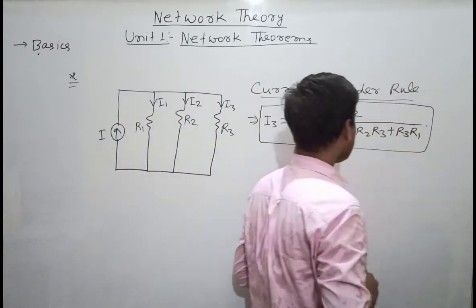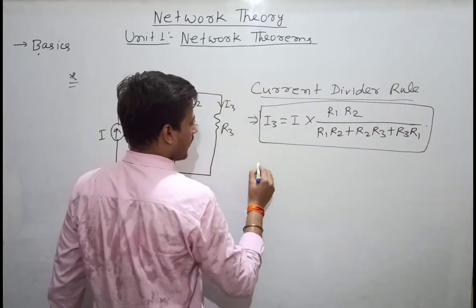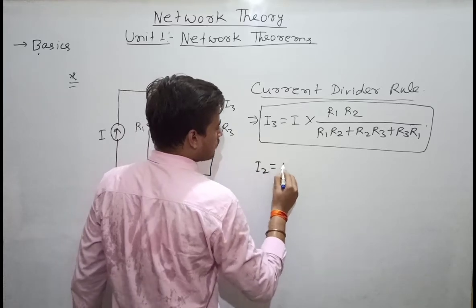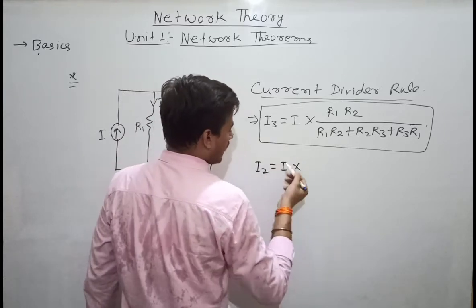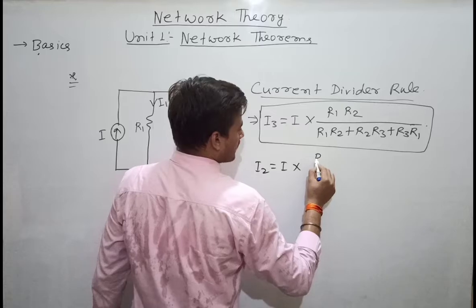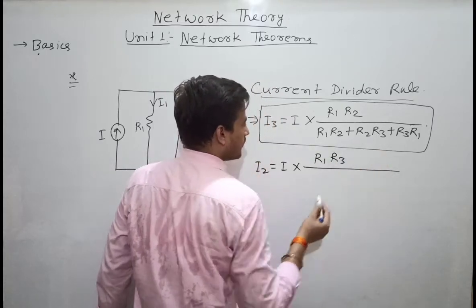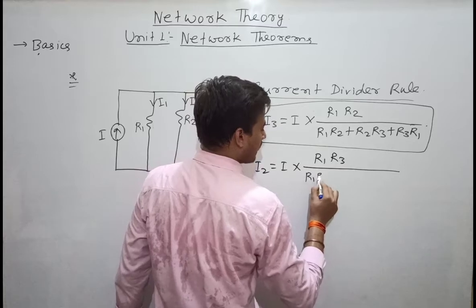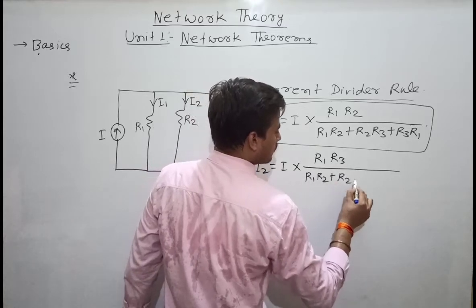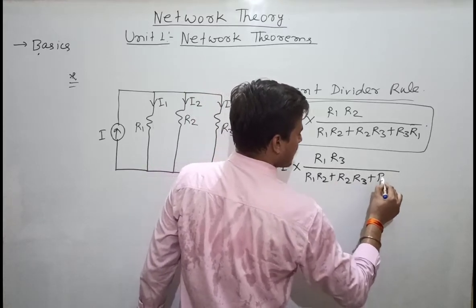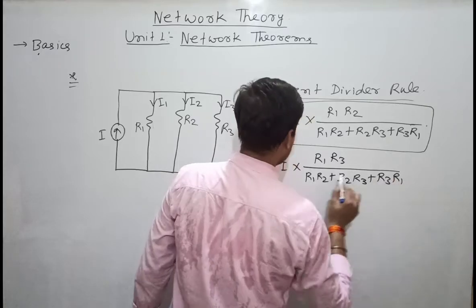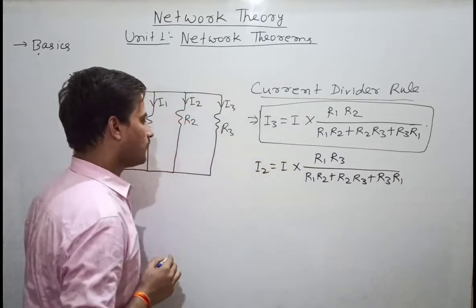Now if you have to write I2, you write I2 is equal to I into, for I2, at the numerator R1 R3, and the denominator will be the same, that means R1 R2 plus R2 R3 plus R3 into R1. Clear? This will be the value of I2.